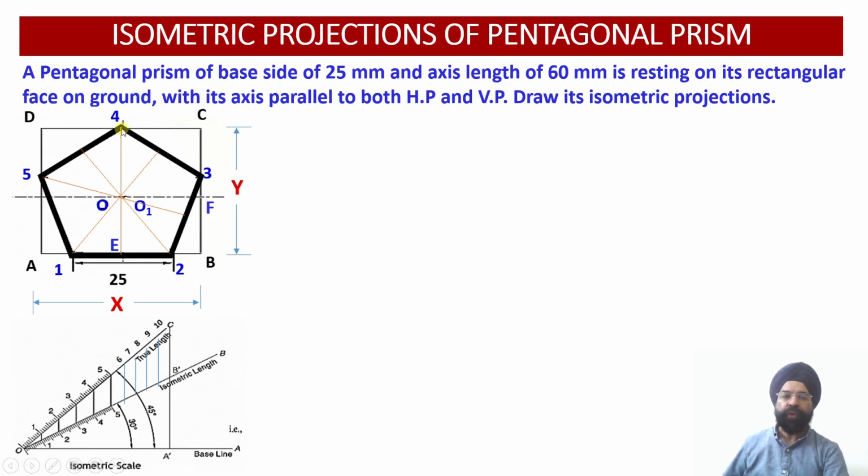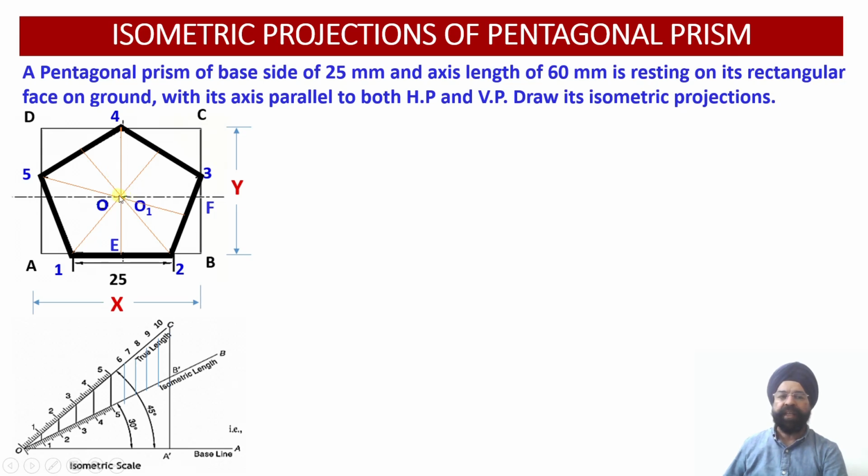So please check, from point 4 I have dropped a perpendicular bisector onto the edge 1, 2. Similarly from point 2 I have drawn a perpendicular bisector onto the edge 4, 5. Similarly from the corner 5 I have drawn a perpendicular bisector onto the edge 2, 3. So wherever all these bisectors meet, we obtain the axis points O and O1, which will be located on the two end faces of the prism.